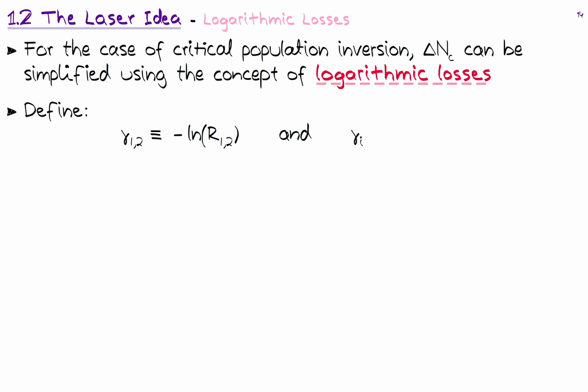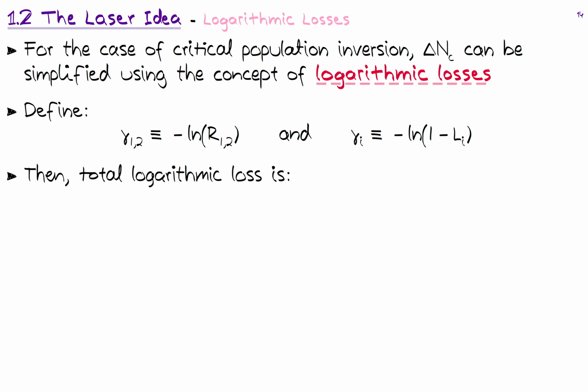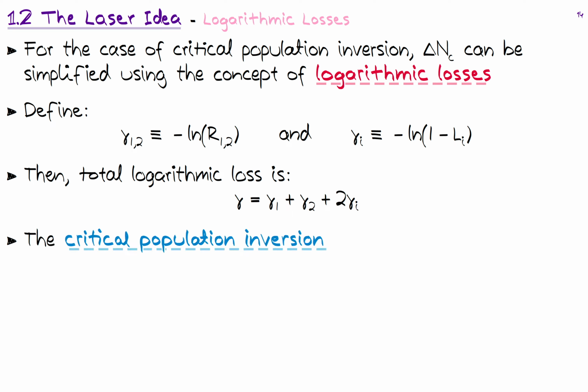And let's also define gamma i as minus the natural logarithm of this 1 minus L int term. And then we can write a total logarithmic loss gamma as a sum of these different contributions of losses. And now we can simply write the threshold critical population inversion value, delta NC, as gamma over 2 times sigma times L.